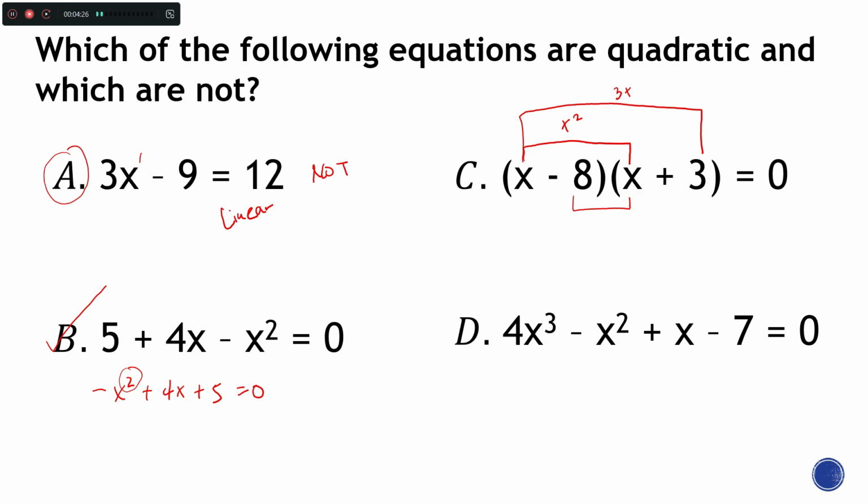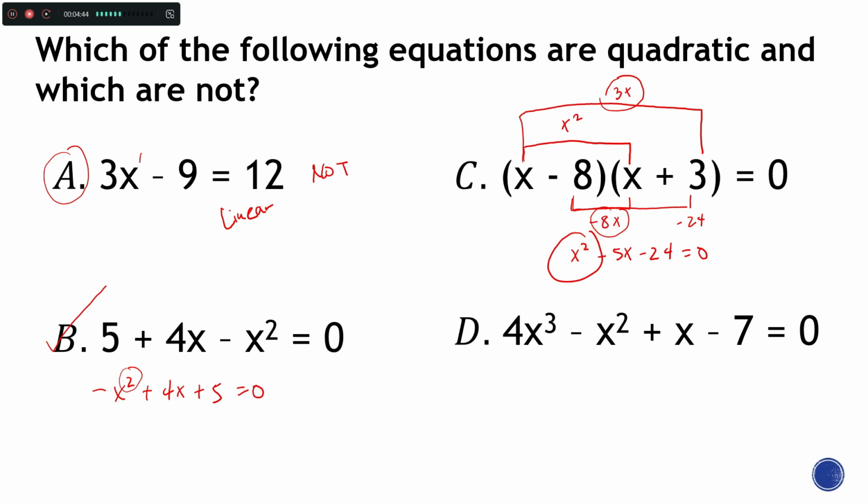Negative 8 times x is negative 8x. And finally, negative 8 times 3 is negative 24. Combine the similar terms. That gives us x squared minus 5x minus 24 equals 0.